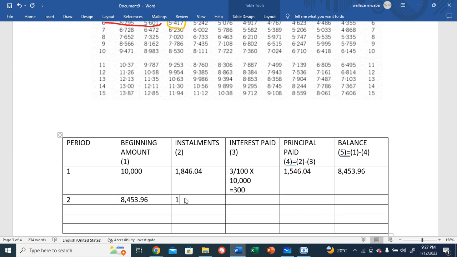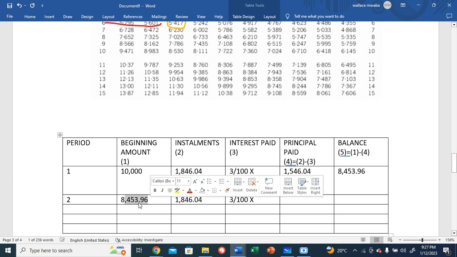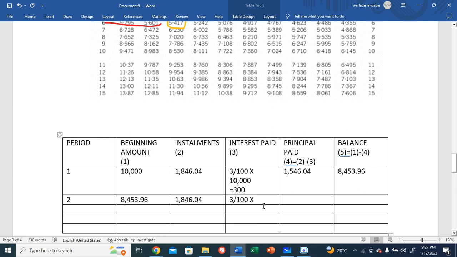So installments we put here 1,846.04. Interest paid, we're going to get 3% times 8,453.96. I also need someone to be calculating just in case I transpose a figure.